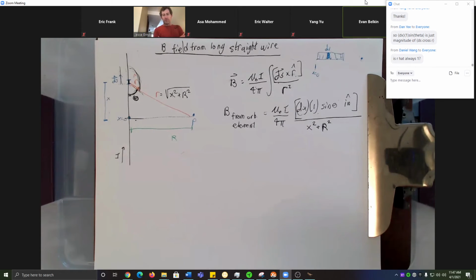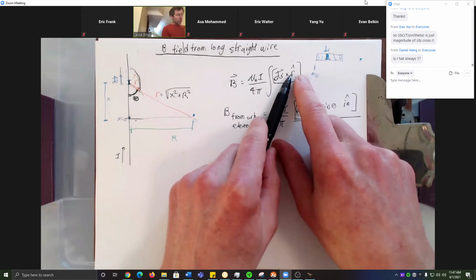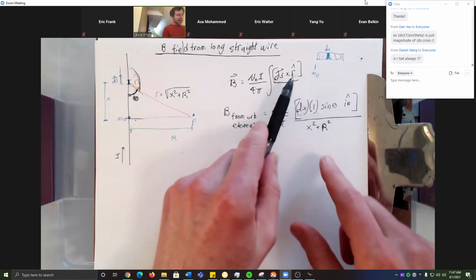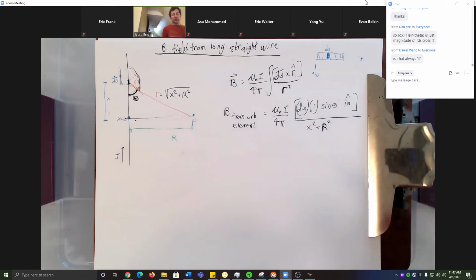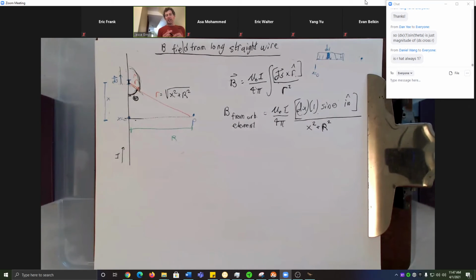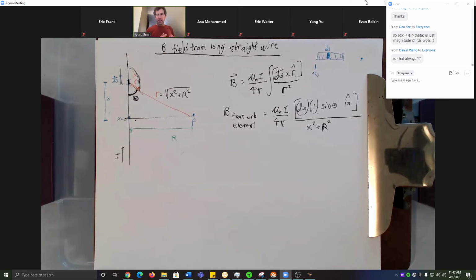Where did the integral go? Very good question. Let me answer a shorter question first. Okay. Is r hat always 1? So Daniel, right? The magnitude of r hat is 1, but it has a direction. Yes, the magnitude of a hat vector is always 1. That's what you mean when you say it's a hat vector or a unit vector. So dx times 1 times sine theta is just the magnitude of ds cross r hat.